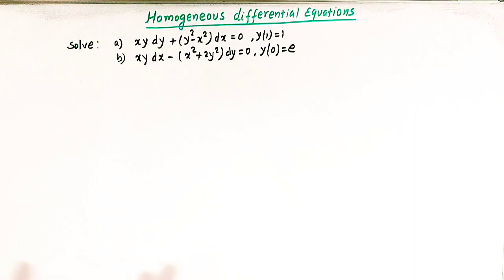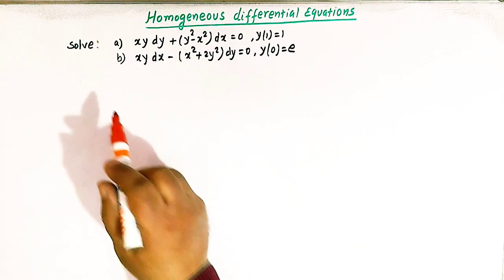So viewers, we have already discussed these types of differential equations in our earlier lectures, but here, just for the sake of beginners, we are going to solve these two differential equations, right?